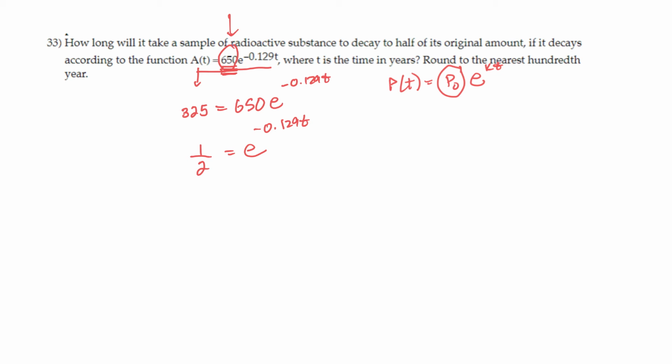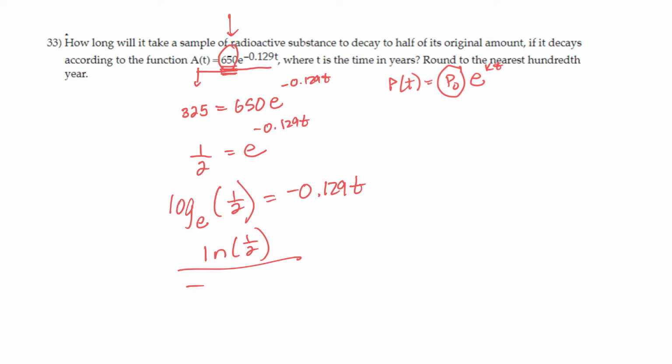And now let's change form from exponential form to log form. So it'll be log base e of 1/2 is equal to negative 0.129 t. Log base e is the same as ln. So ln of 1/2 divided by negative 0.129 is equal to t.